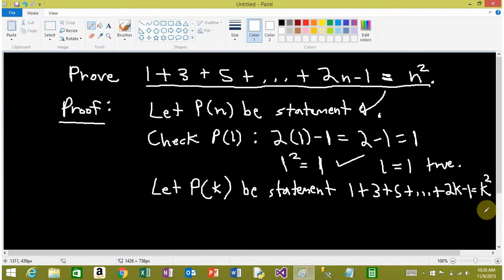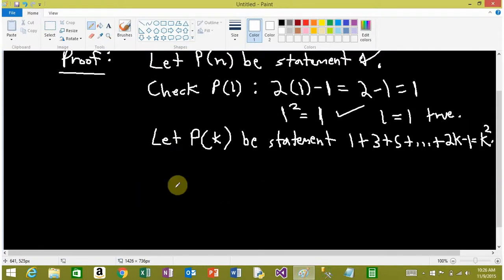Okay, so 1 plus 3 plus 5 plus all the way to 2k minus 1 equals k squared. And then now let's prove P of k plus 1. That's the induction step. So here's P of k plus 1. The big time part of the proof coming up.